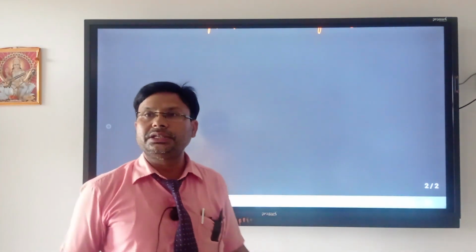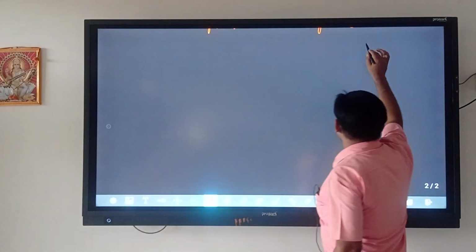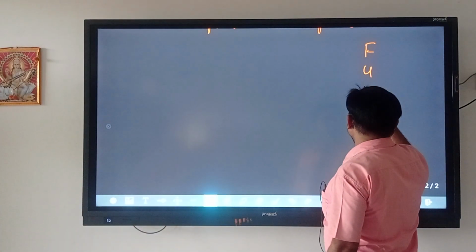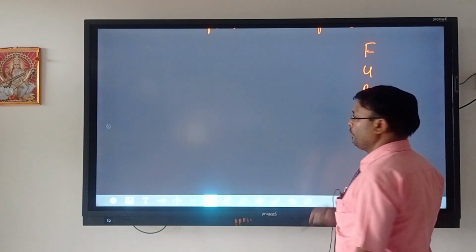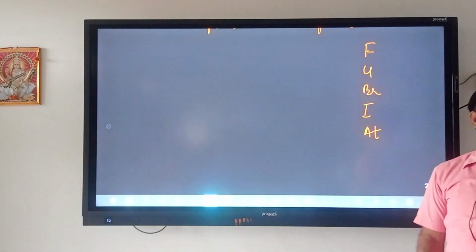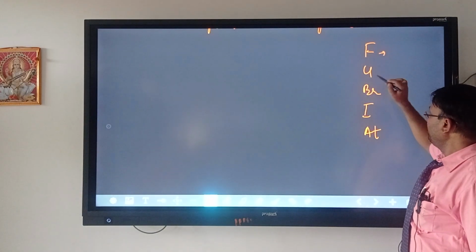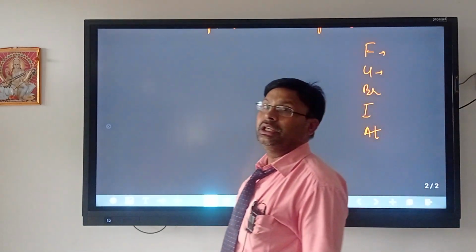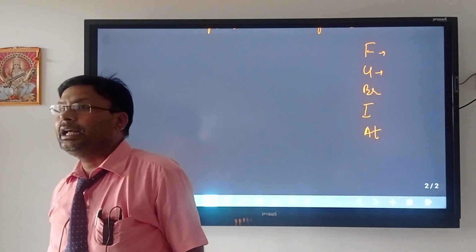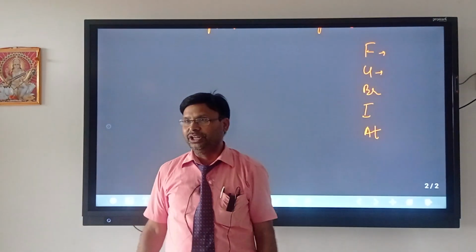In this sequence, if we see the halogens, that is fluorine, chlorine, bromine, iodine and so on, according to this the electron gain enthalpy of fluorine should be more than chlorine. But it is not correct. We find that the electron gain enthalpy of chlorine is more than fluorine.